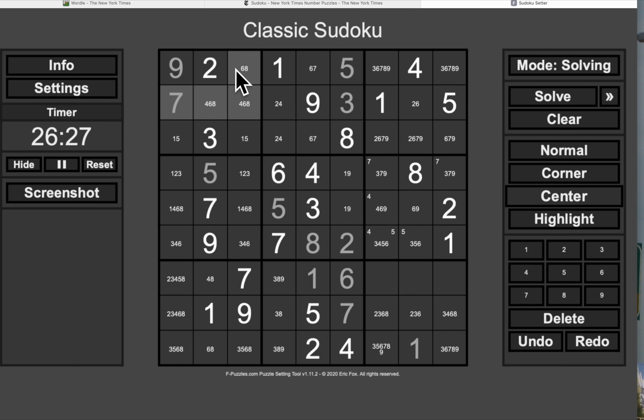I've got a 6 in 3 places, I've got an 8 in 3 places. That 1-5 looks over at the rest of this row, none of which can be 1 or 5, but that's about as far as I can take that.